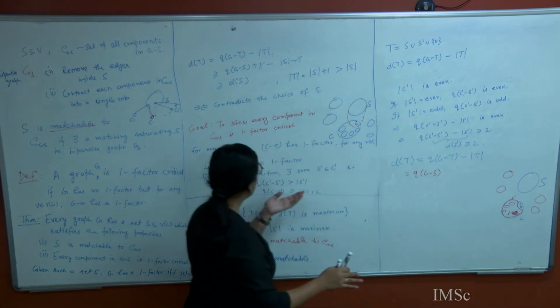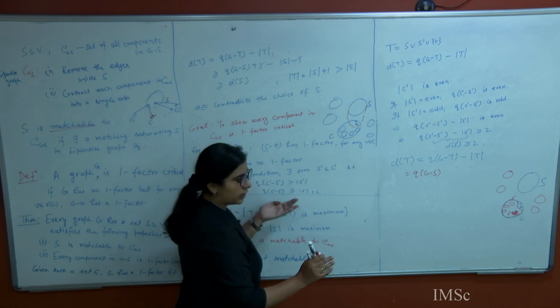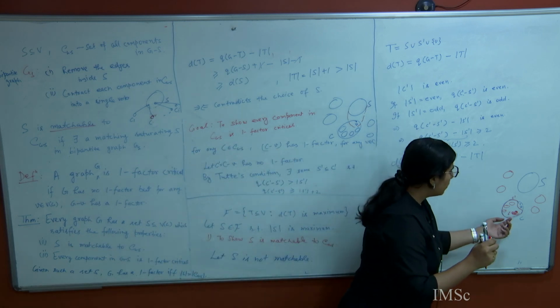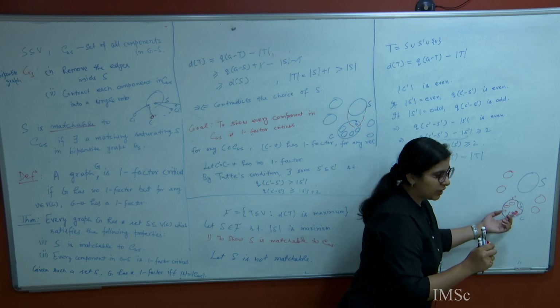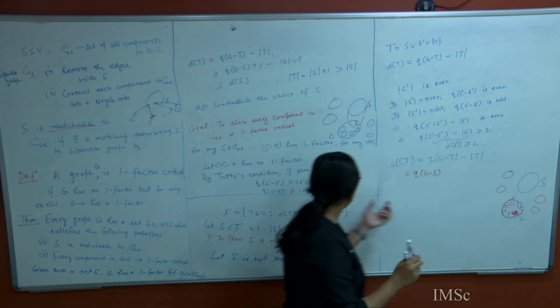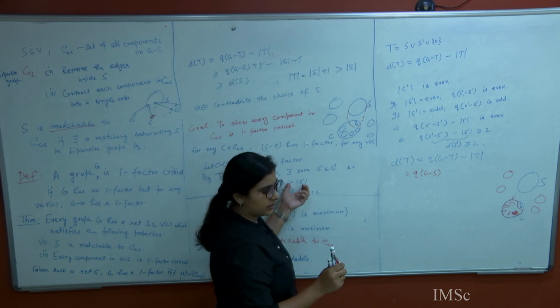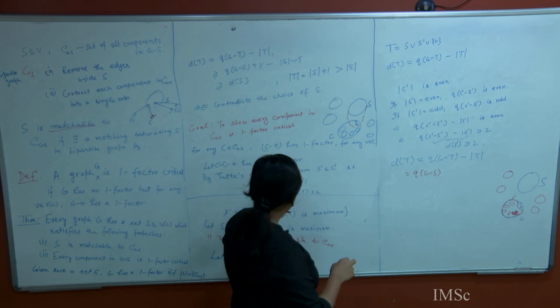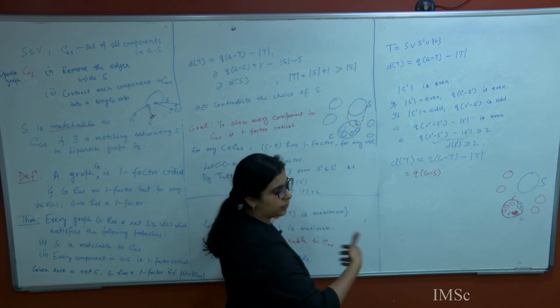Failing Tutte's condition means that the number of odd components created by removing S prime from this component is more than the cardinality of S prime, right. So, these many new odd components we have introduced.